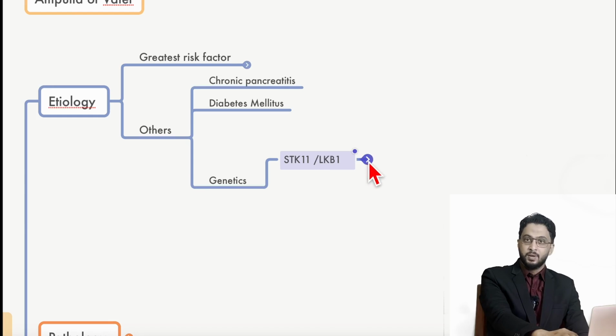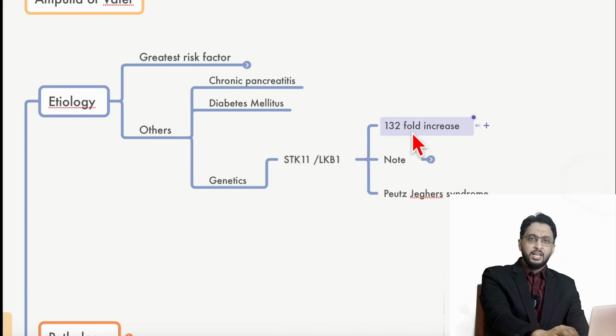Peutz-Jeghers syndrome, intestinal polyposis, finally ending up in cancers, including cancers of the pancreas, please note. Why did I include it here? There is a 132-fold increase in cancer if there's a mutation here, or if a person has any issue with this particular gene. 132-fold increase in pancreatic cancers. Please note.